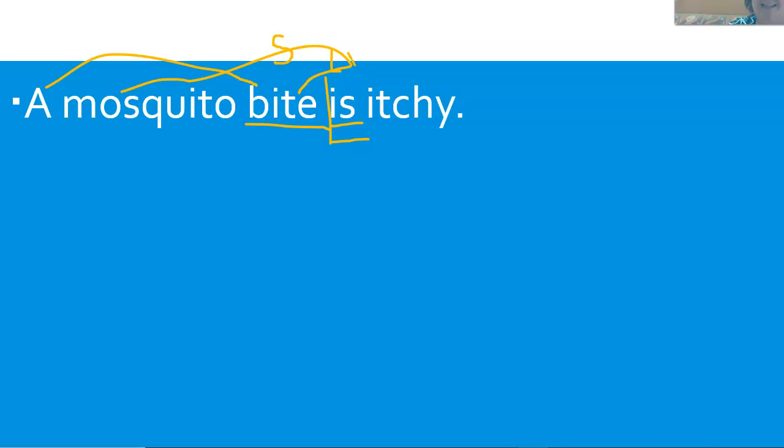Bite is itchy. Is it renaming bite or describing bite? It is describing bite, so it's a predicate adjective. So now draw your horizontal line only, demonstrating how you would show where itchy goes.